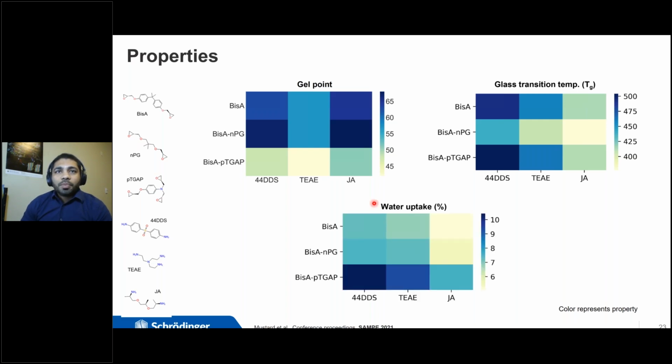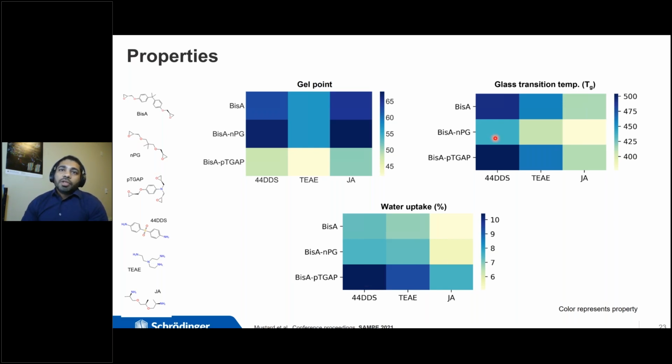And the last property we calculated in this case was the water uptake. And here also we are seeing some nice trends. That is, addition of NPG would increase the water uptake, and addition of PTGAP further increases the water uptake capacity of the system. And now again, let's assume a scenario where we want a polymer for an application where it has to have a high glass transition temperature, but it also needs to be water resistant.